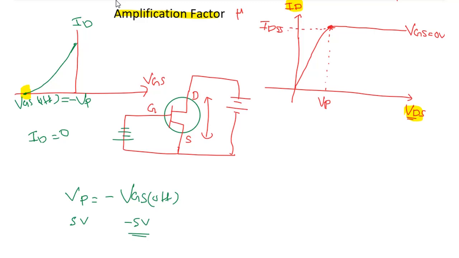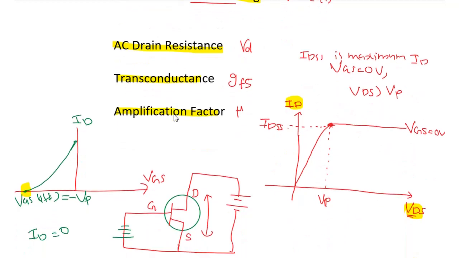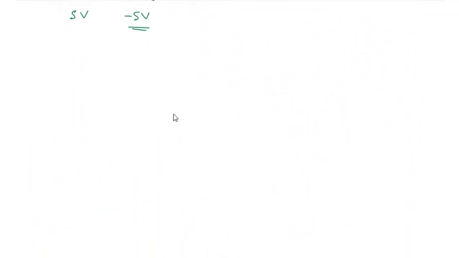Now let us discuss about the other terms. Now the other terms are drain resistance, transconductance and amplification factor. So first of all, what is the drain resistance RD?